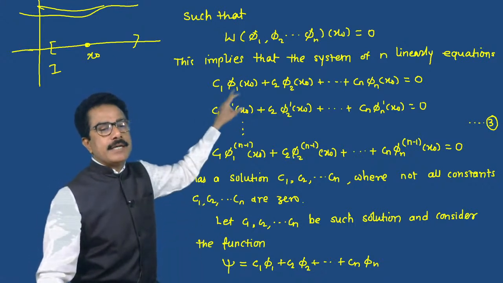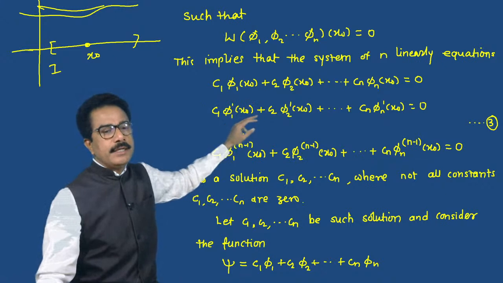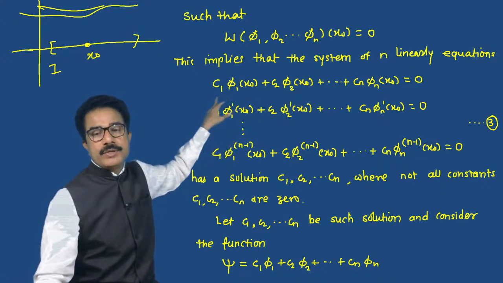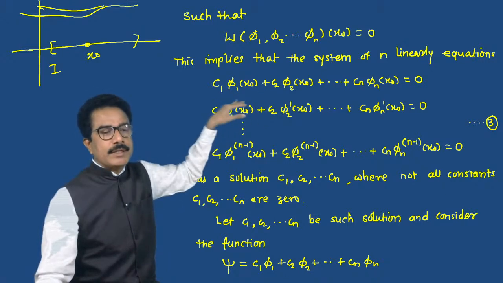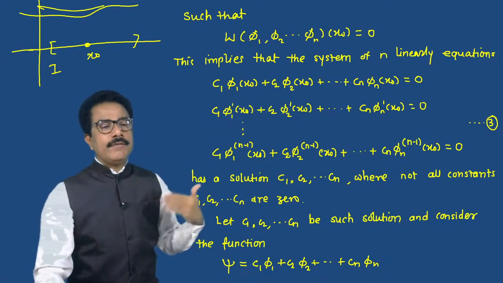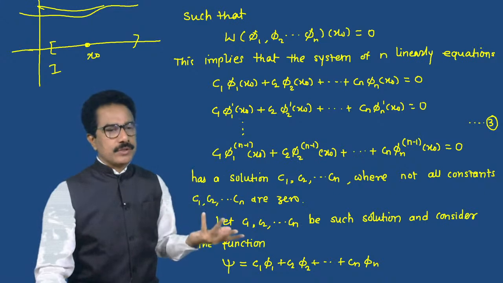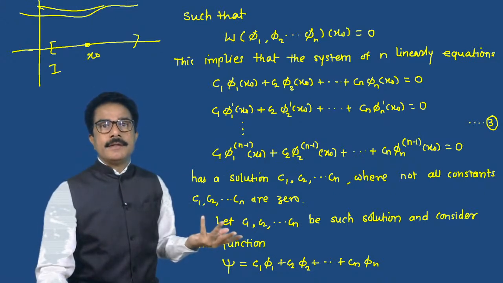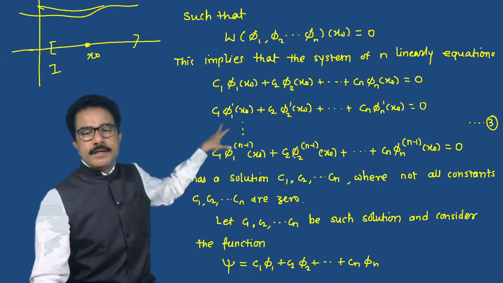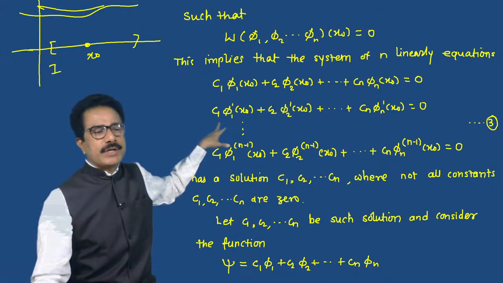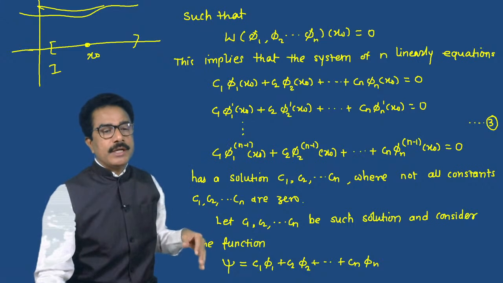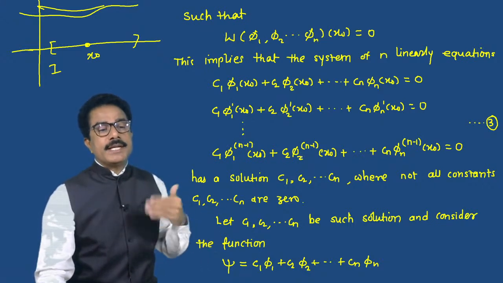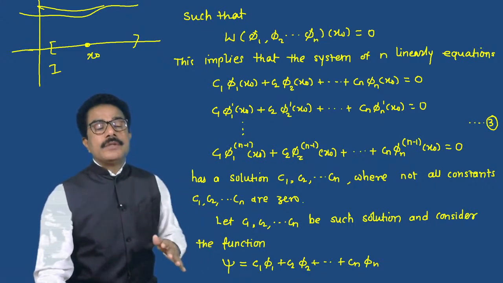This implies that for the system of n linearly independent equations, we can write c1 phi 1 of x naught plus c2 phi 2 of x naught plus dot dot dot cn phi n of x naught is equal to 0. Now this is the second, by differentiating first order: c1 phi 1 dash of x naught plus c2 phi 2 dash of x naught dot dot dot cn phi n dash of x naught is equal to 0.